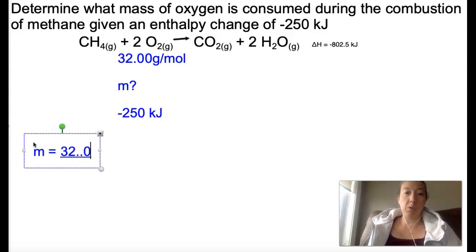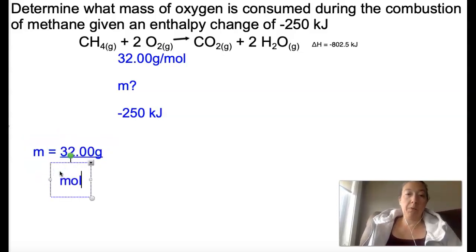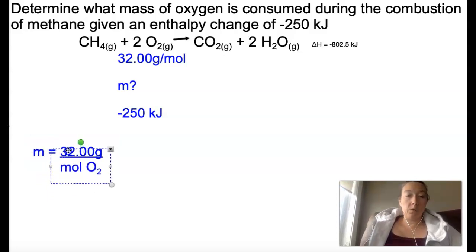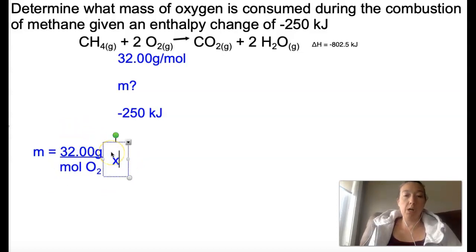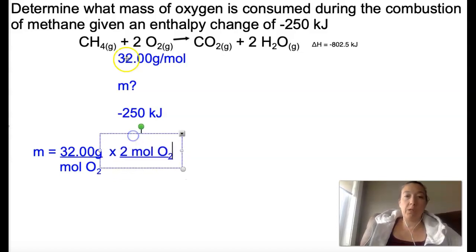So I'm going to start with the molar mass because that has grams. I'll put that as grams per mole of that oxygen. Okay, so to get rid of moles of oxygen, we're going to use our ratio. So we are going to do times 2 moles of oxygen, right? Because that's what we have in our balanced chemical equation up here.